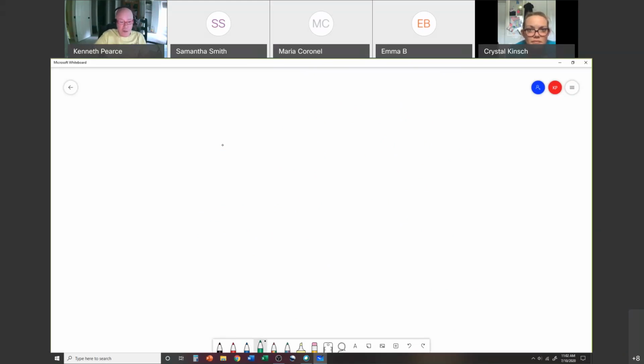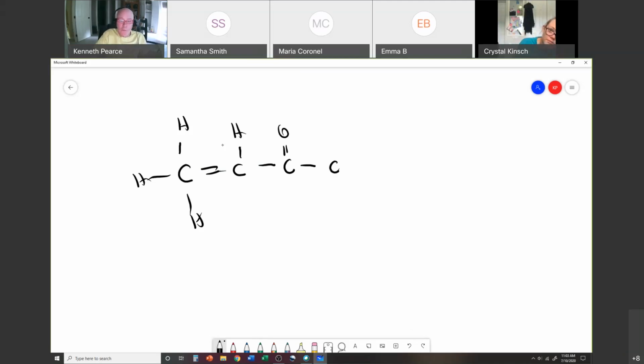So let's take a look at our molecule here, and let's try to decide how many sigmas and pi's we have. How many sigmas, how many pi's do you have? Sounds like a fraternity.